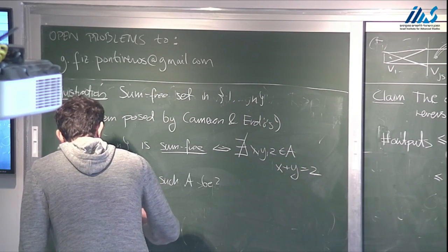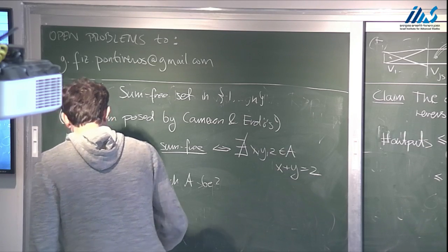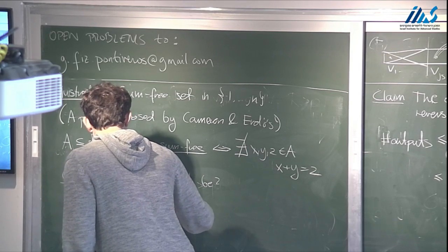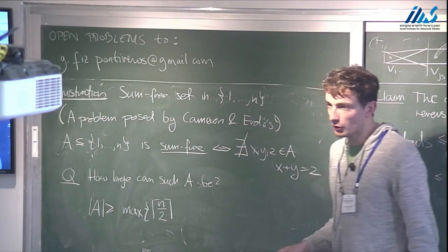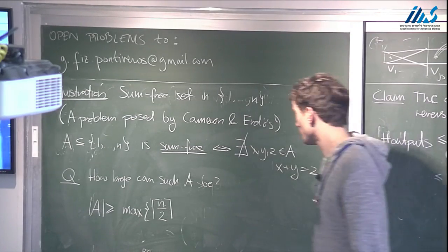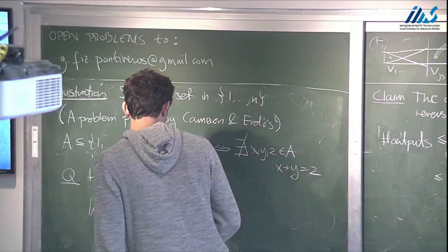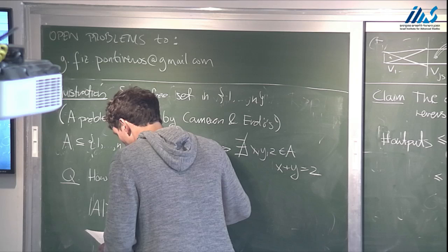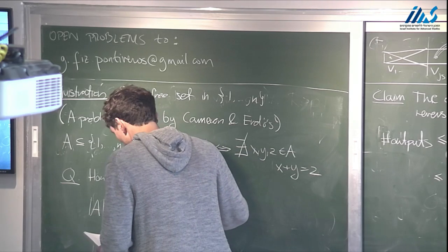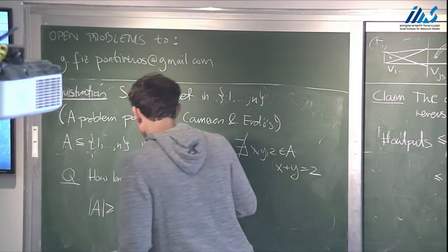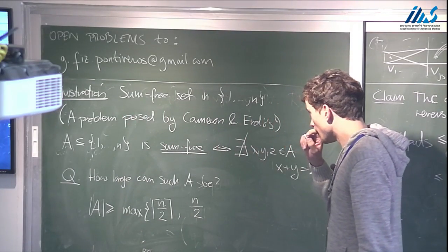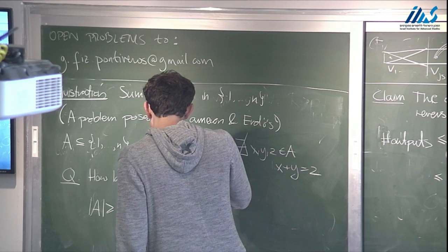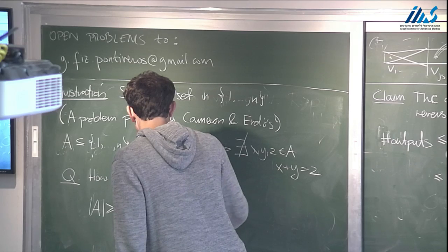So it's at least the maximum of: the number of odd numbers, which is n over 2, and then I take the ceiling because we start with an odd number. But I can also take the top half, which is n divided by 2, but now I'd need to take the floor.